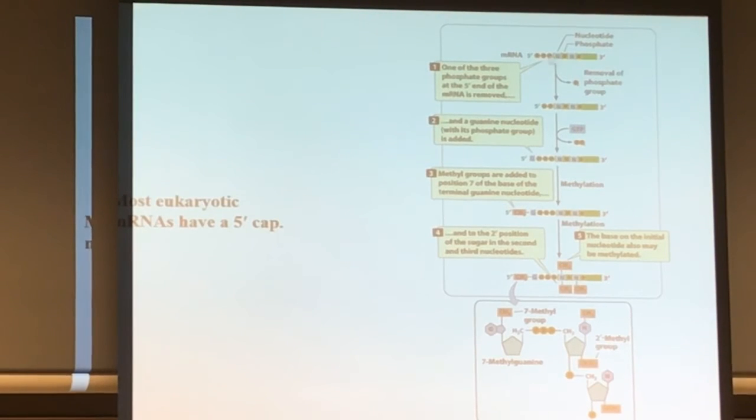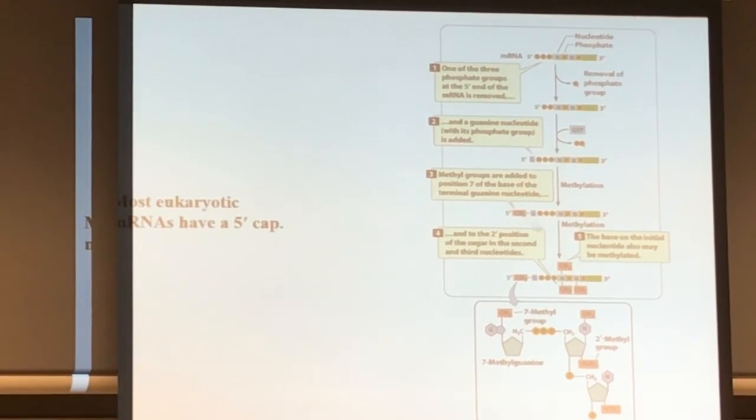Is that big enough for you to see? All right. But if you go further down, do you see a guanine here? So a guanine is suddenly added by some enzymes. So now this guanine nucleotide, it's only guanine.